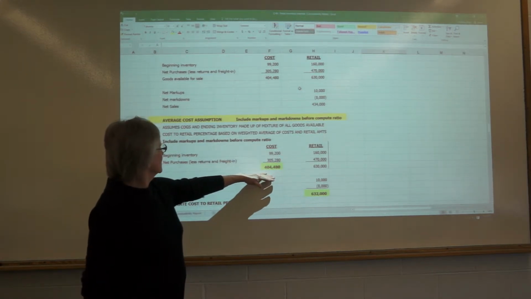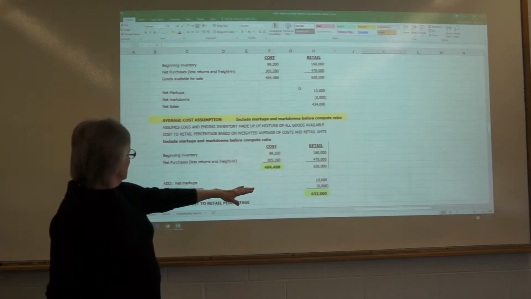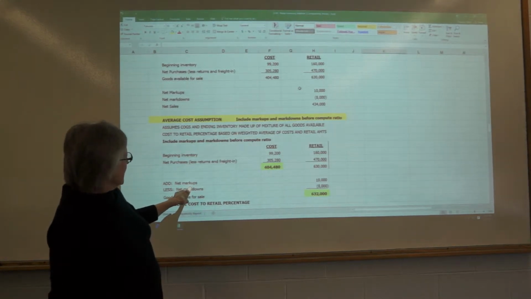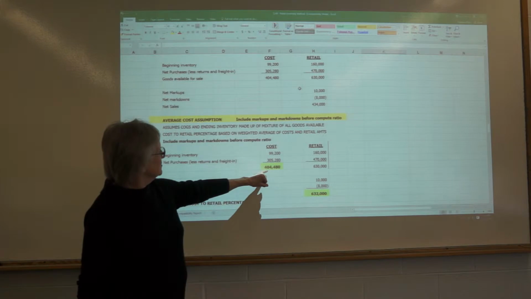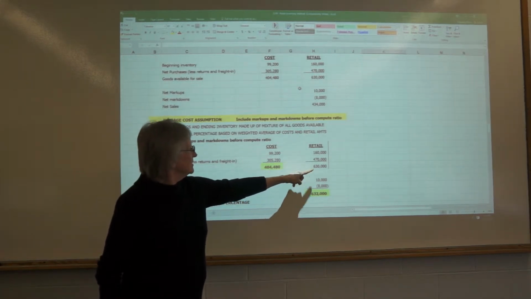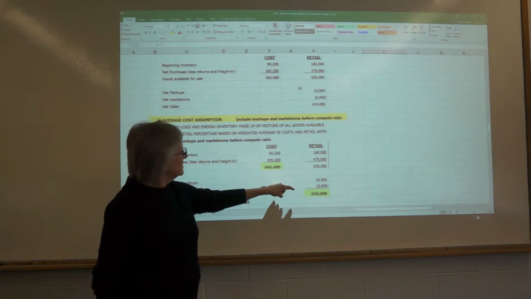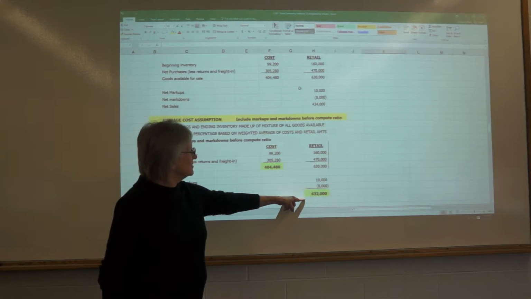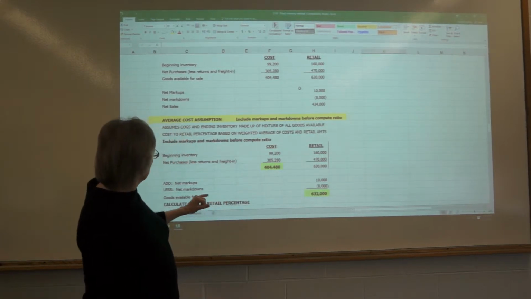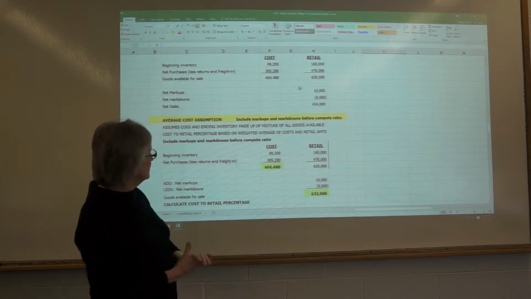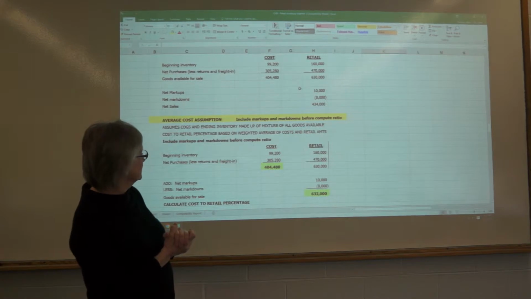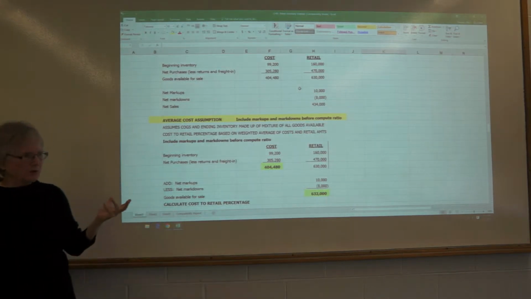Okay, so here's our cost. And then we're going to do the markups. We're going to add the 10, we're going to subtract the 8, and we're going to calculate the percentage. Rather than using the earlier figure, we're going to go 404,480 divided by the 632. So we're going to include both the markups and the markdowns, the net markups and markdowns, before we calculate the percentage. Okay, so that'll give you one percentage.